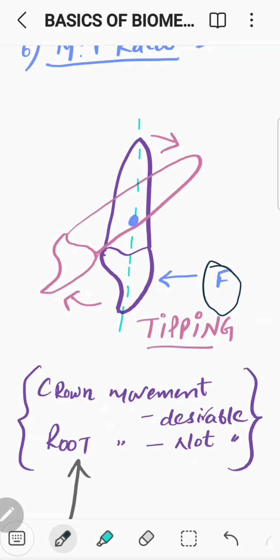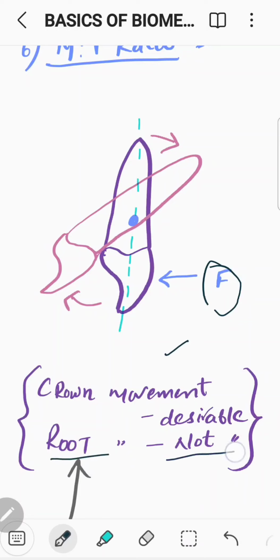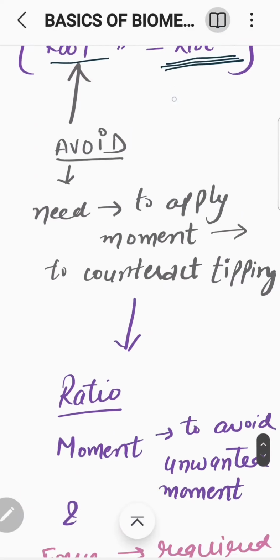This is the uncontrolled tipping movement of the tooth. That is, the crown moves in one direction, and there is a difference between the crown and the root movement. Tooth movements in which the root moves in the opposite direction are less likely or less desirable in orthodontic tooth movement.